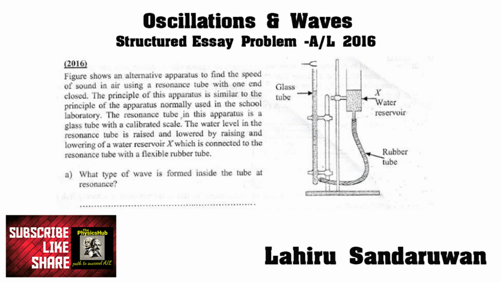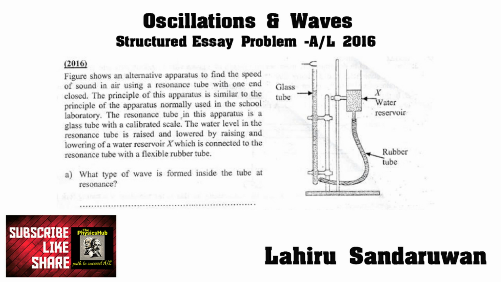The resonance tube in this apparatus is a glass tube with a calibrated scale. The water level in the resonance tube is raised and lowered by raising and lowering reservoir X, which is connected to the resonance tube with a flexible rubber tube.